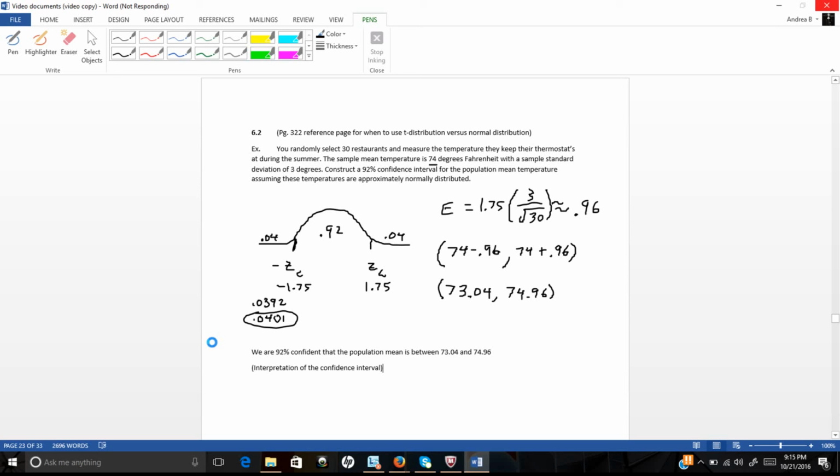And then along the left side of that table, you'll notice DF. The DF there represents degrees of freedom.